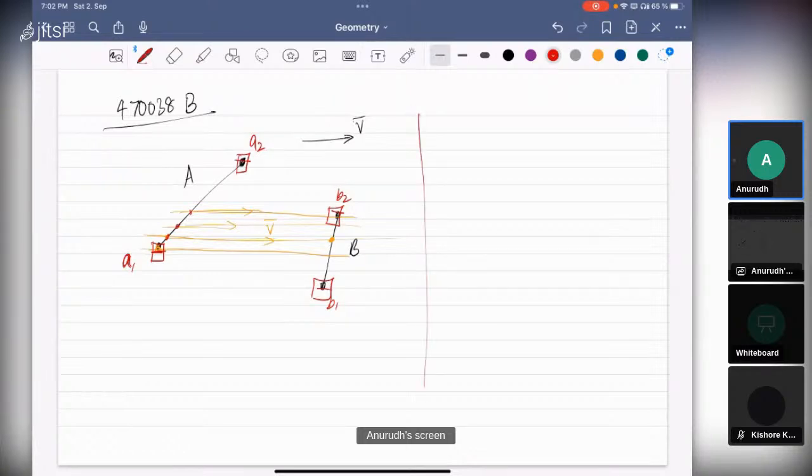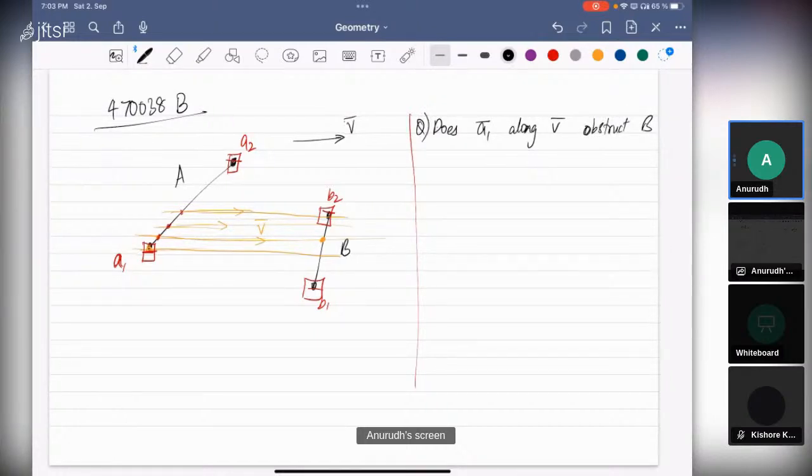I'll just outline one of them. That is, does A1 along V obstruct B? I'm going to try to answer this question: if I start from A1, does it obstruct B?